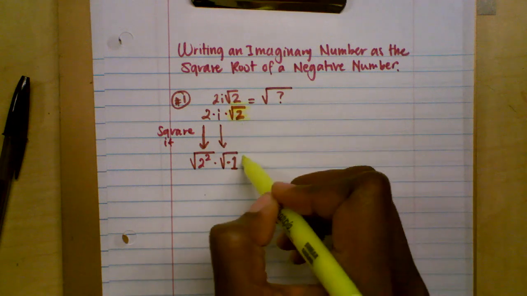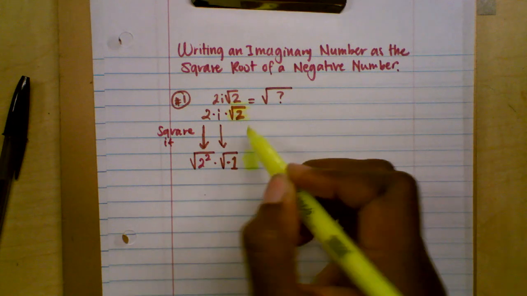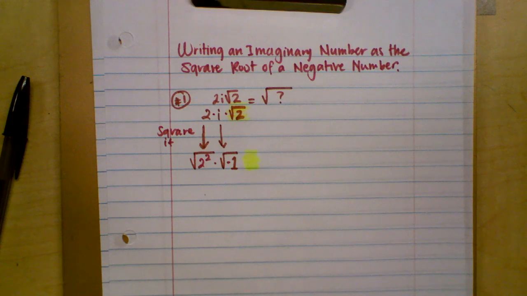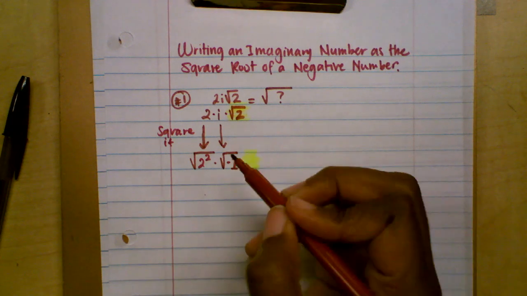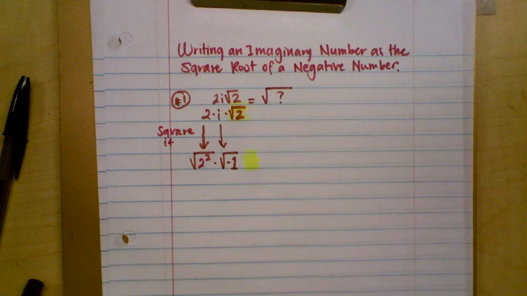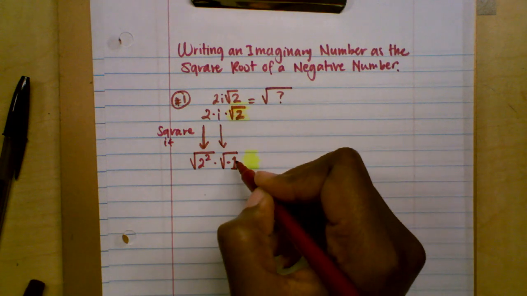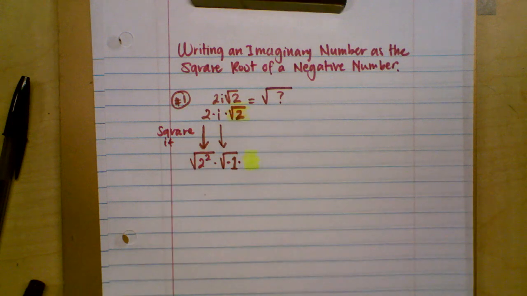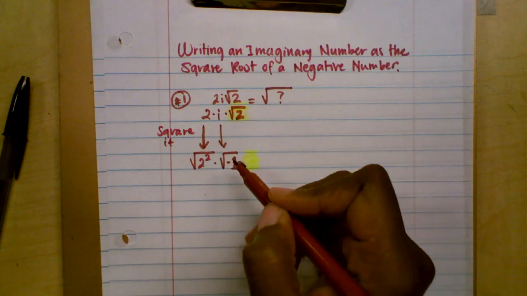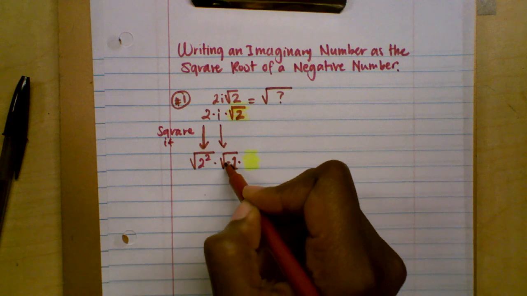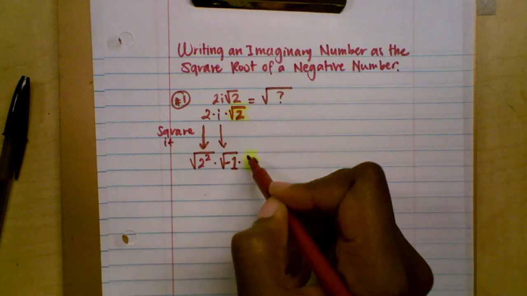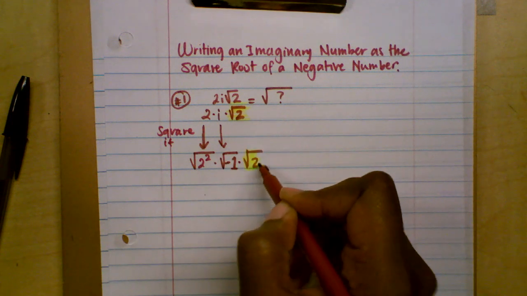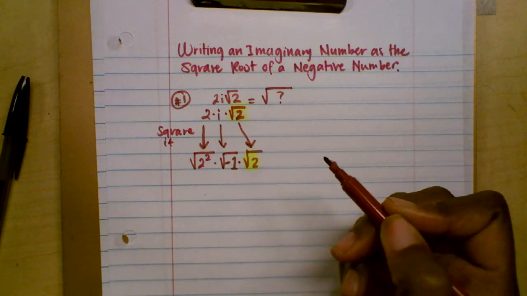It already has a square root symbol, so you are not going to square the 2. Because it already has a square root, you leave it alone.